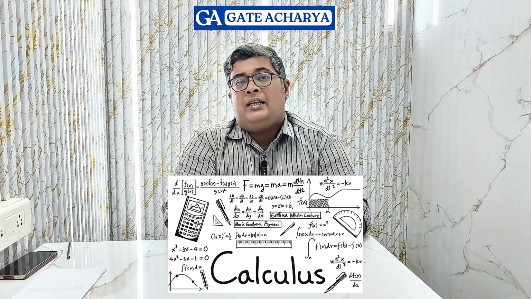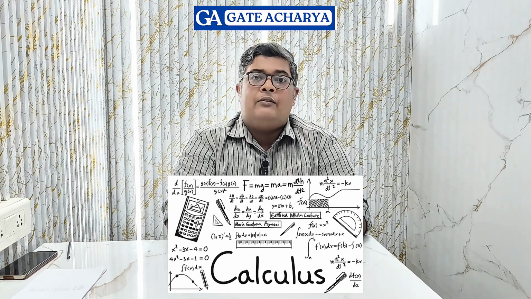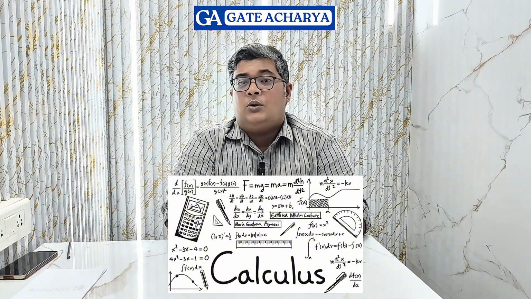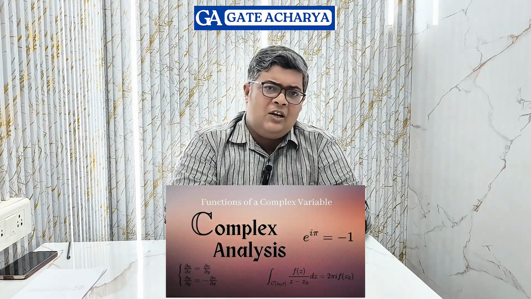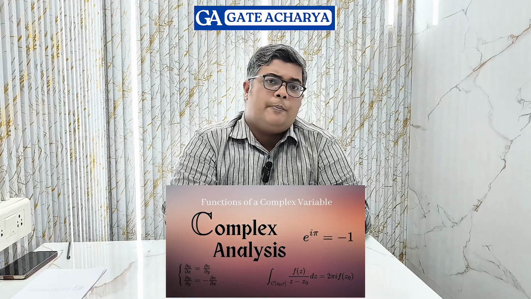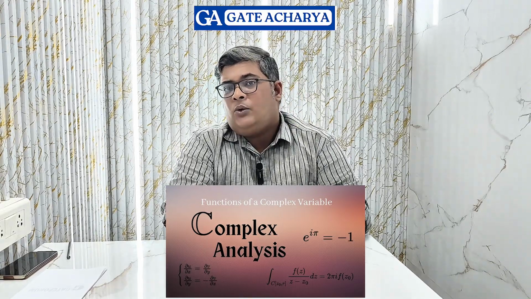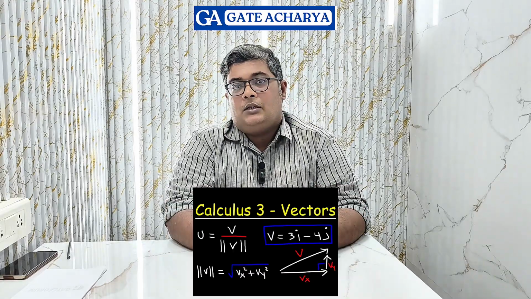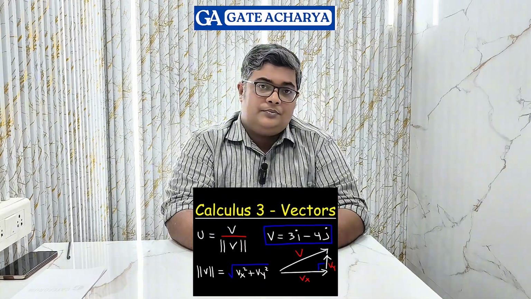Once you understand how to manage single variable calculus, then go for multivariable, which will help you understand multivariable calculus. Once calculus is thorough, you can follow topics like differential equations and complex variables. Again, complex variables is a calculus topic only; the difference is that instead of a real variable, it is applied to a complex variable. Then you can also follow topics like vector calculus. So this is the structure of how to follow your engineering maths.